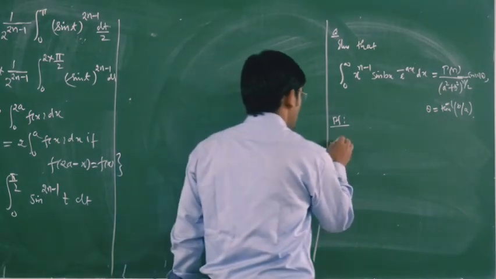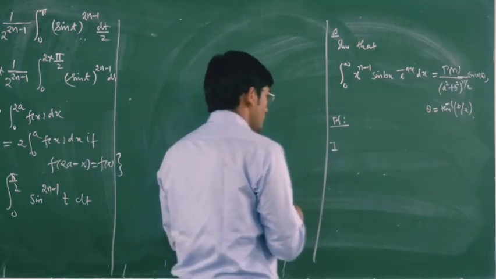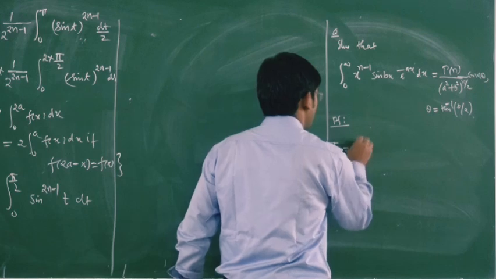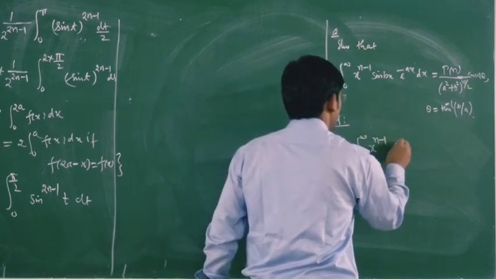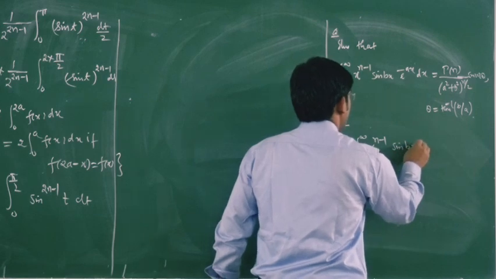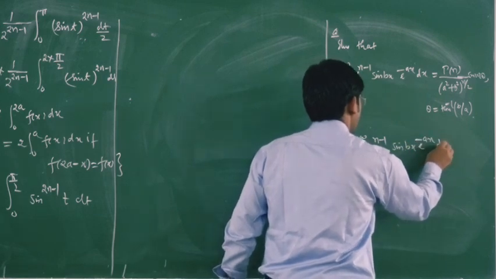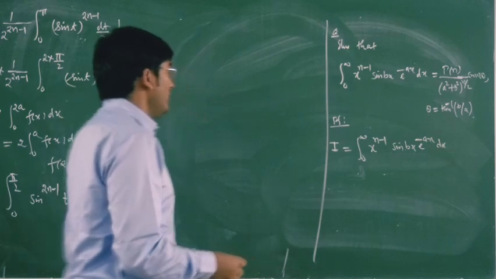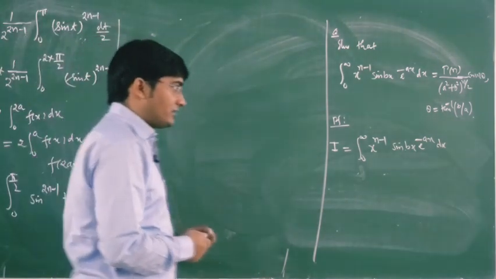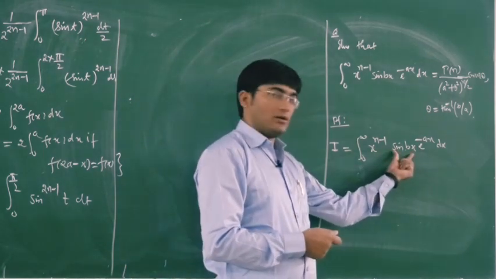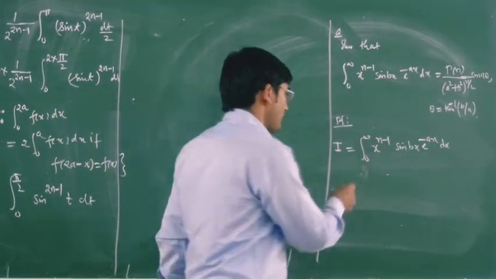So proof. Let us assume this integral as I. So our integral I is equal to integral 0 to infinity x power n minus 1 sin bx into e power minus ax dx. As we know that e power i theta equals cos theta plus i sin theta, so sin theta is the imaginary part of e power i theta.